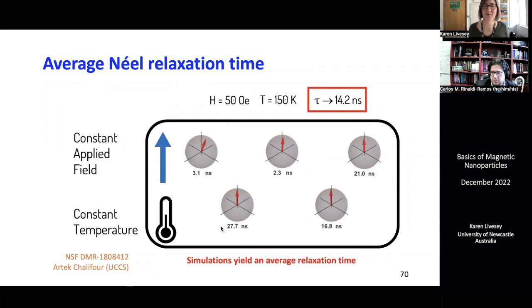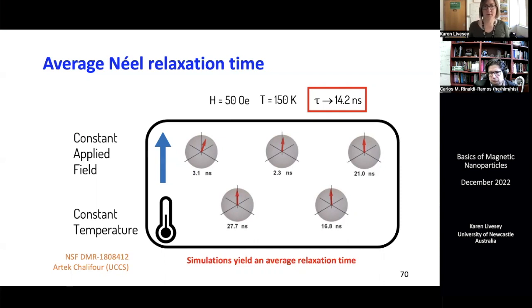We take all of these simulations, say for a few thousand particles, and we average them, and that gives us the average time to relax. Here, for example, it was 14 nanoseconds. I hope that captures for you that this is stochastic, but we can characterize it by asking what is the average time to go over the barrier?